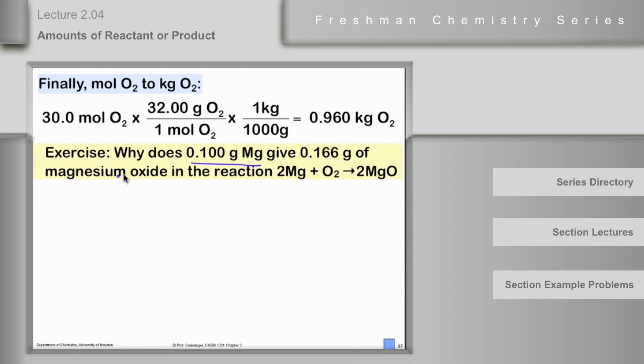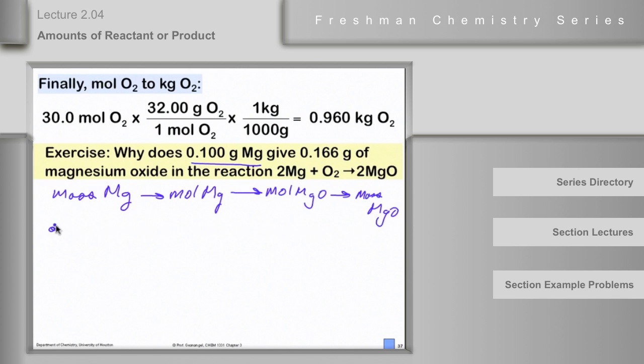And we're asked, why does that much magnesium produce this much magnesium oxide? So I propose to you that the simplest way to do this is to do mass of Mg to moles of Mg to moles of MgO in the mole to mole to mass of MgO.